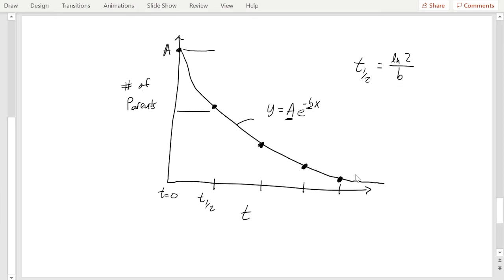So that will give you your half-life in whatever units of time this is being measured in, whether it's seconds, days, years. There are some radioactive substances that decay very quickly, whose half-lives are on the order of maybe just a couple seconds. Some are even shorter than that, all the way up to billions of years for uranium 238. So there's a wide range of time scales that radioactive processes happen over.